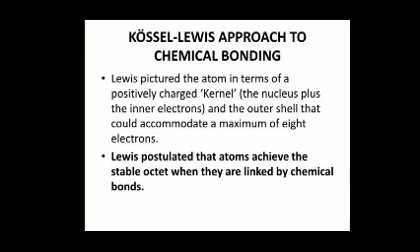Lewis postulated that atoms achieve the stable octet when they are linked by chemical bonding. And this theory has some important points, called postulates of the electronic theory of valency.